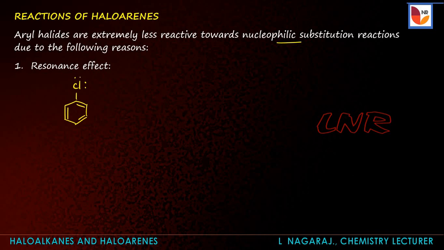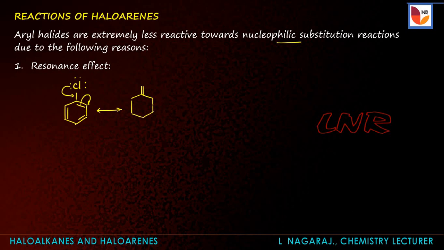Cl has 8 electrons in the outermost shell. The lone pair of electrons present on the halogen atom undergoes delocalization onto the benzene ring. These electrons are shifted towards the benzene ring, and the carbon gets the electrons, and the double bonded electrons present in the benzene ring are shifted to the next carbon atom. So the structure is represented like this.